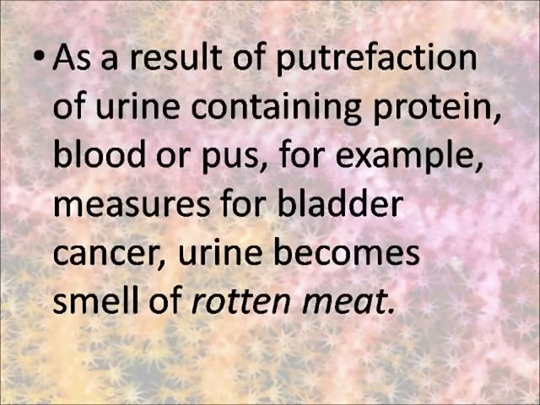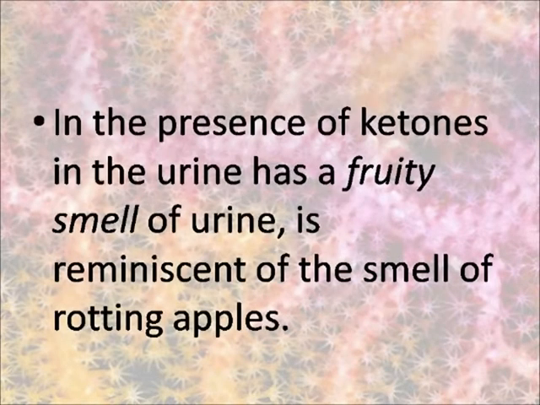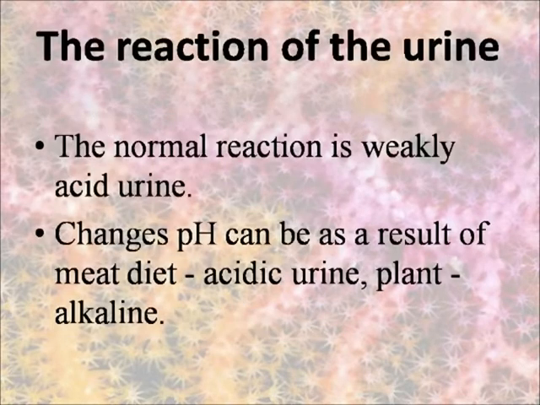As a result of putrefaction of urine containing protein, blood or pus, for example in bladder cancer, urine smells of rotten meat. In the presence of ketones, urine has a fruity smell reminiscent of rotting apples.